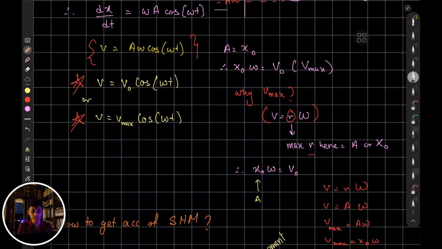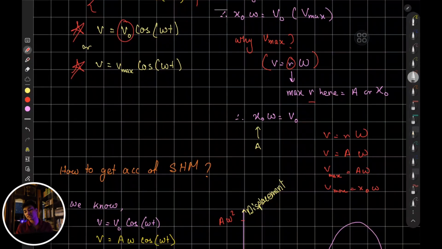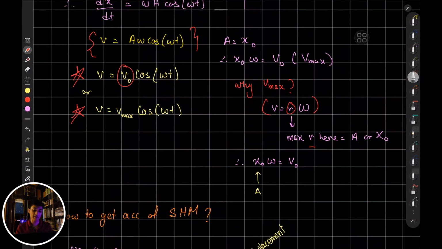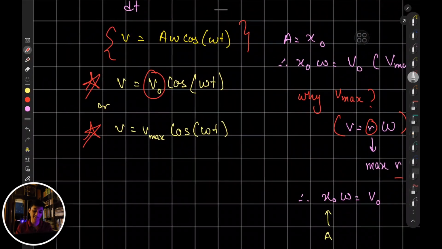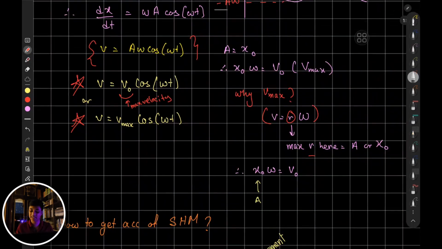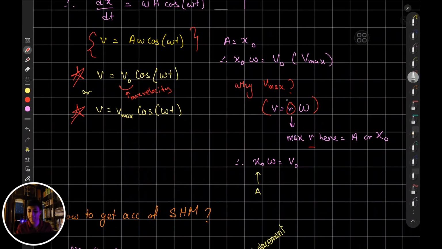So you can write V naught. Again, a new symbol. So V naught is nothing but Vmax, meaning maximum velocity. Why max velocity? Because you're getting the maximum radius or maximum displacement in this case.